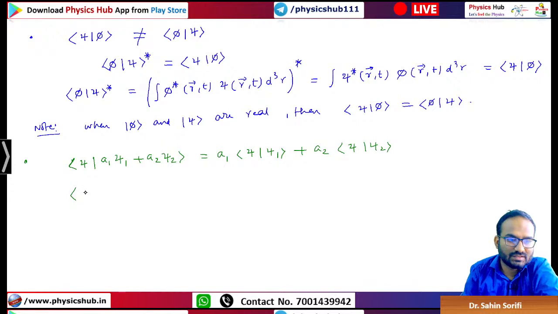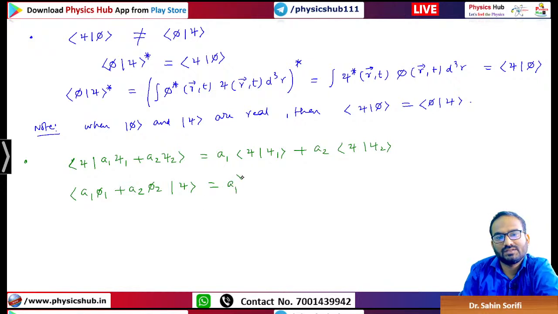Let's take another one, A1 phi 1 plus A2 phi 2 with psi. So A1 is in the bra, so it will come out as A1 star, phi 1 psi, plus A2 star phi 2 psi.